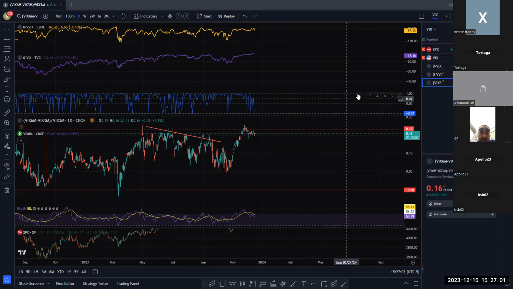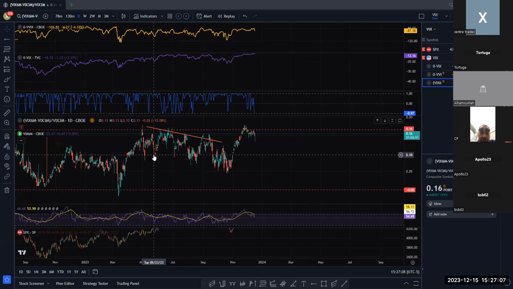The VIX is basically in line with spot, so it doesn't really give us a good warning because it's at the same time. So here you can see when it goes from negative to positive.